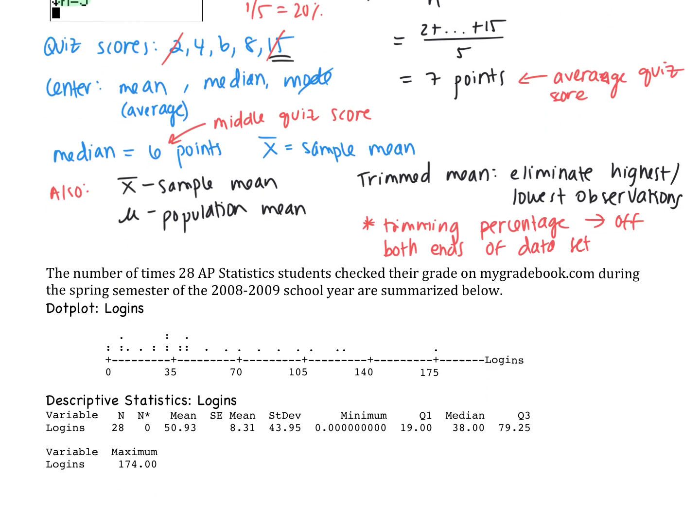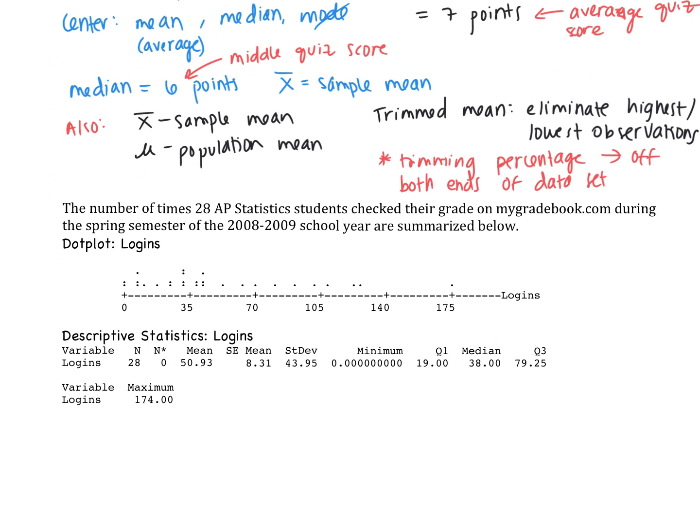Another thing that is big on the AP test is being able to read computer output. So that's what's below. Let's say that I looked at 28 AP Stats students and how many times they checked their grades on the old grade book, which was called My Grade Book. Here is a dot plot. Here's what you need to be able to read from it. Down here is the computer output.